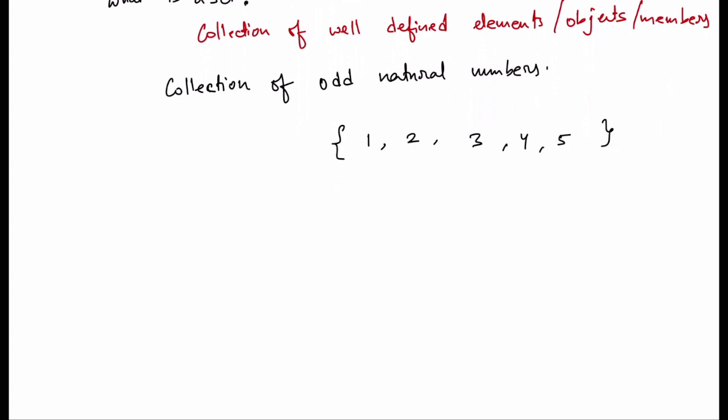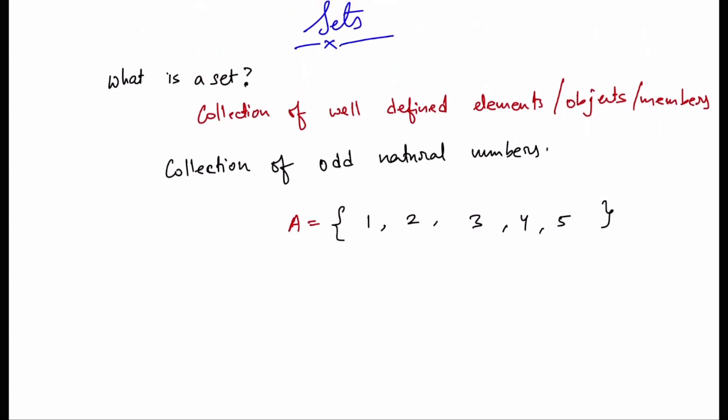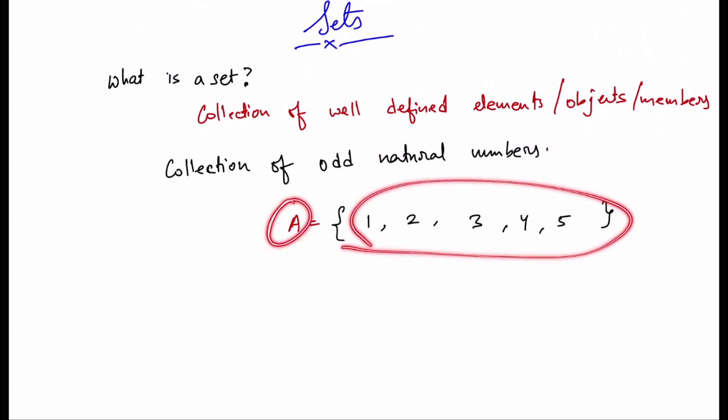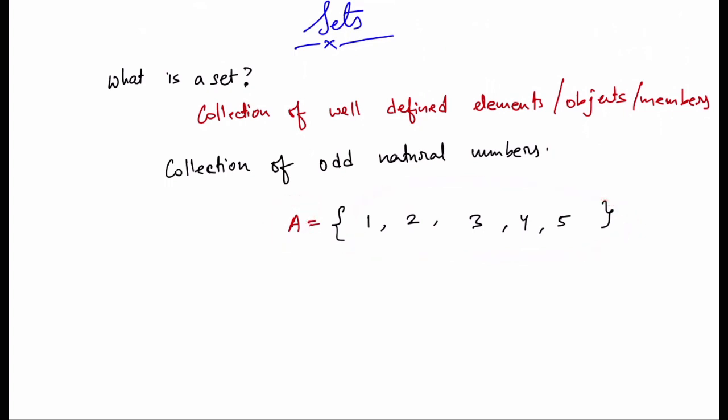We denote a set using a capital letter, so let's denote the set by A. So we have written a set that has 5 elements, 1, 2, 3, 4, 5, and we have denoted this set using the capital letter A. For any set we will use only a capital letter.